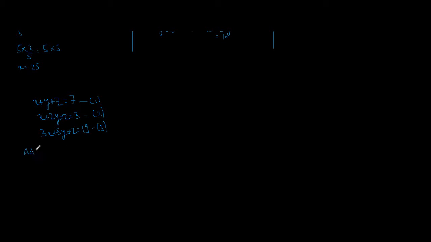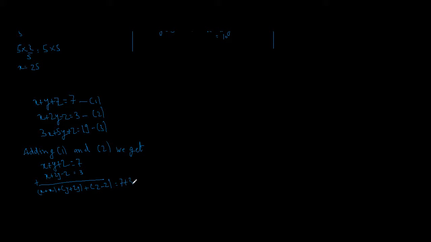So adding 1 and 2, we get x plus y plus z and x plus 2y minus z, when they are added, we get x plus x plus y plus 2y plus z minus z equal to 7 plus 3, which in turn equals 2x plus 3y equal to 10.